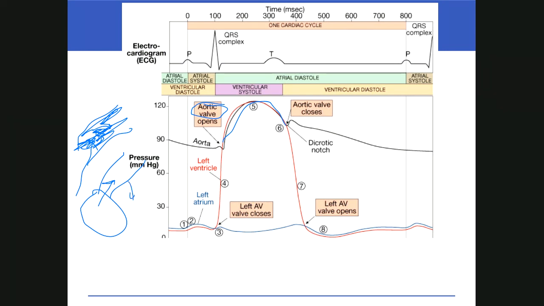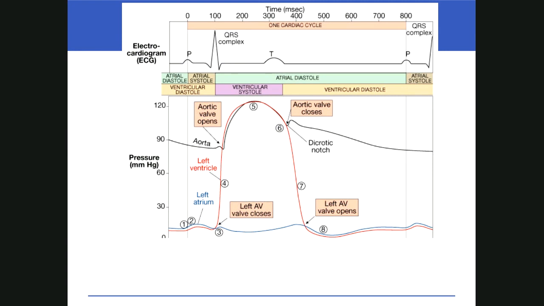But remember, the walls of the aorta have like little rubber bands in them. So when the ventricle pushes blood in there, they bulge out. The walls stretch and they absorb some of the pressure. It's like pulling a rubber band.